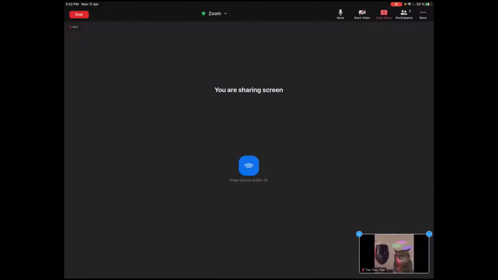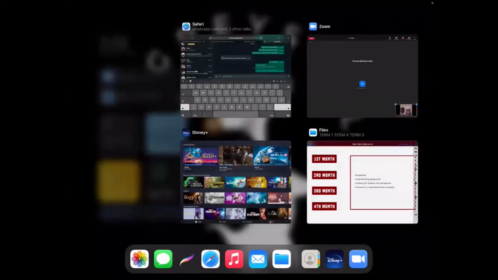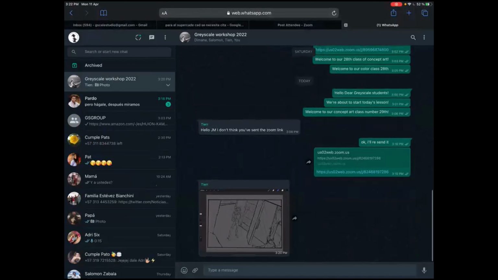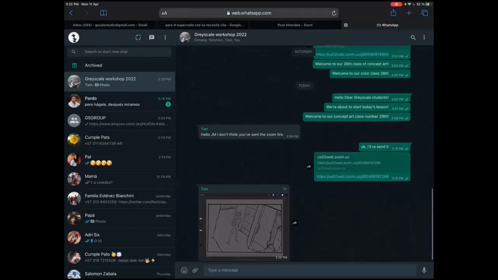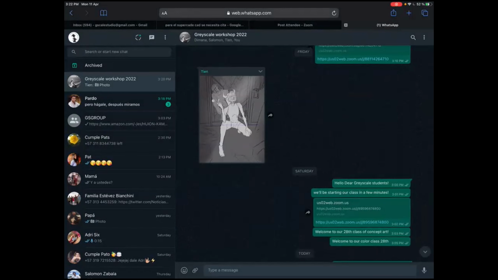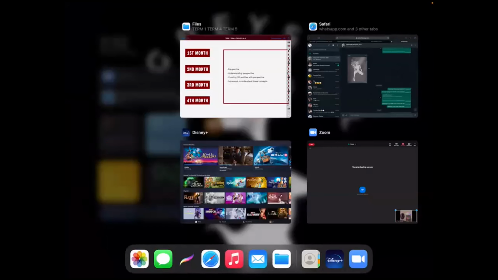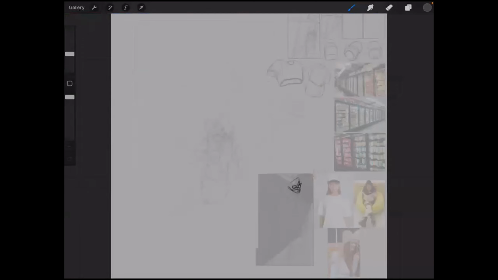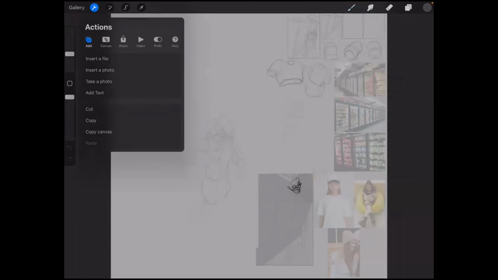Welcome to our class 29 of Concept Art. And let's see how you're doing with your exercise. Probably, yeah, that's pretty cool. If you can see, when you start to apply the principles, you can see how much you improve by thinking. We tend to believe it's about luck, but it's not. It's about those really specific principles.